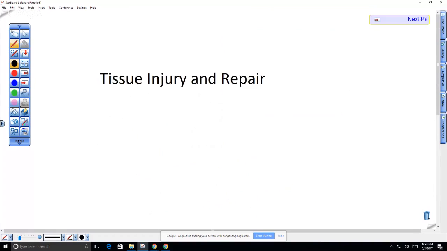Okay. So the last thing that we're going to talk about in chapter 6 is tissue injury and repair. So when we injure tissue, so think, for example, if you fall down and you scrape your leg, right? We get what is called inflammation. And inflammation is a defense mechanism.